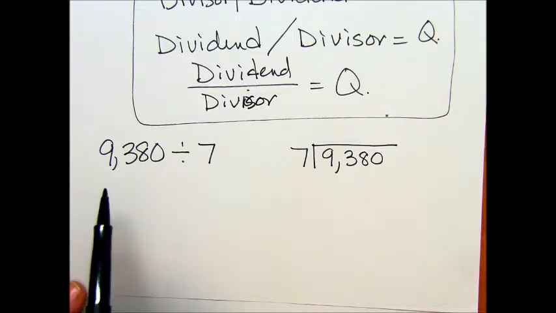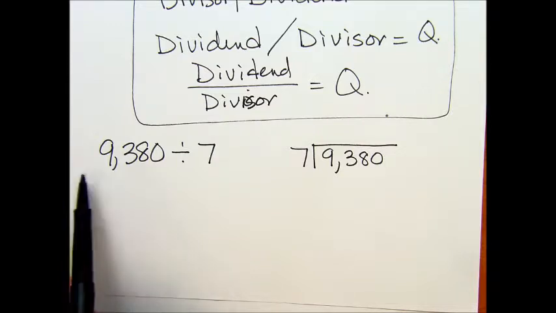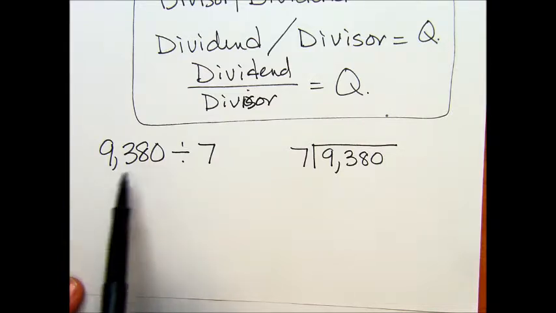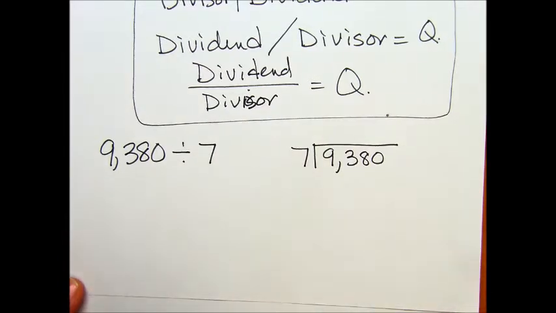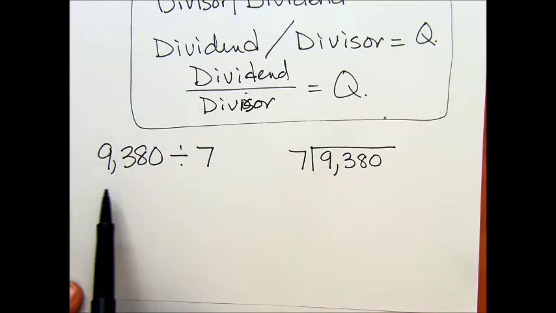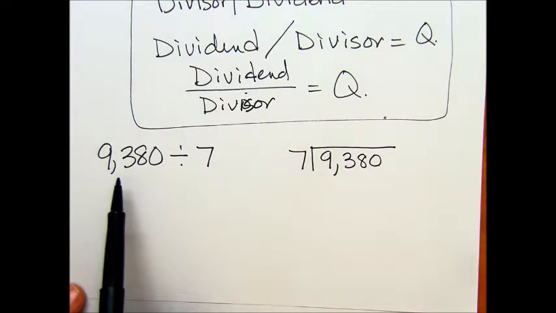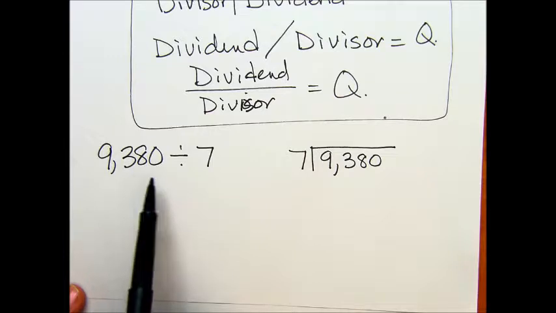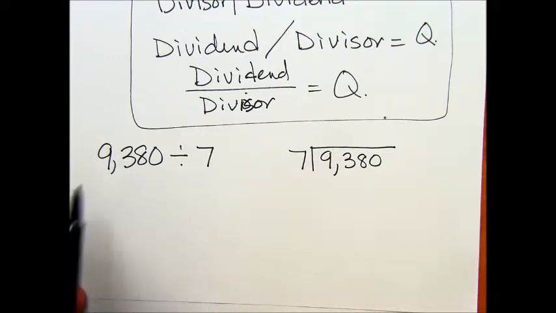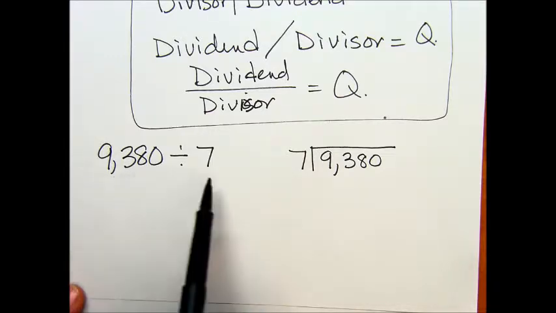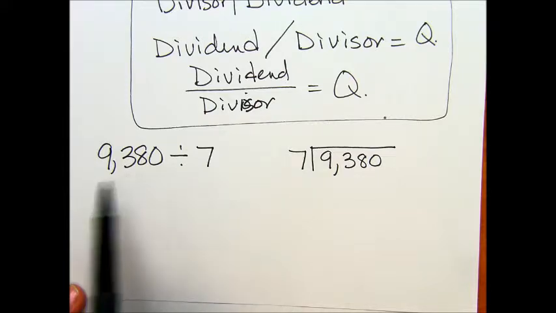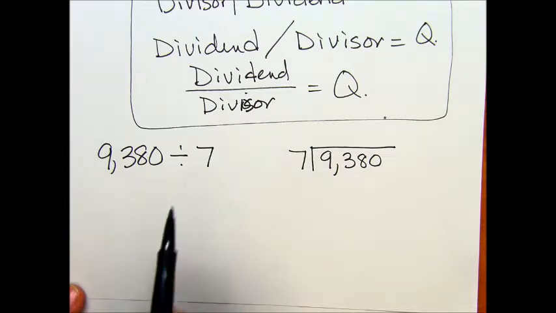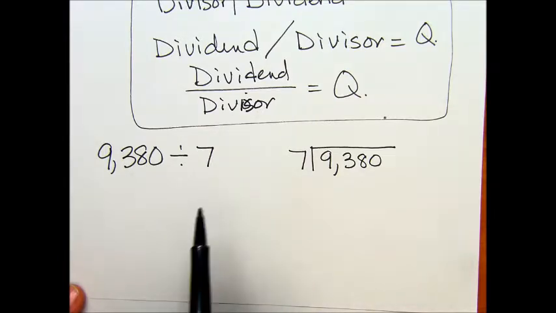All right, so we're basically saying I have 9,380 of something, and you can imagine whatever that thing is, maybe it's dollars, and I want to break that up into 7 groups. So imagine I have this amount of money and I have 7 people that I've got to divide the money into these 7 groups, so each person in the group gets a fair share.